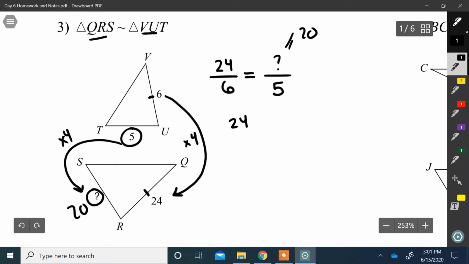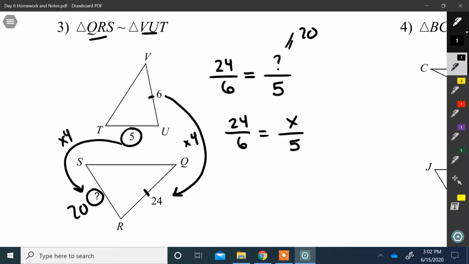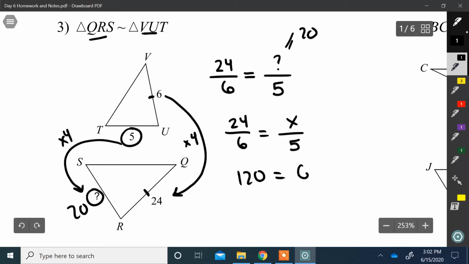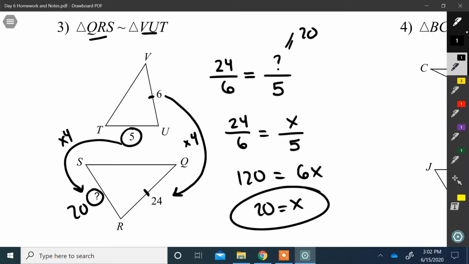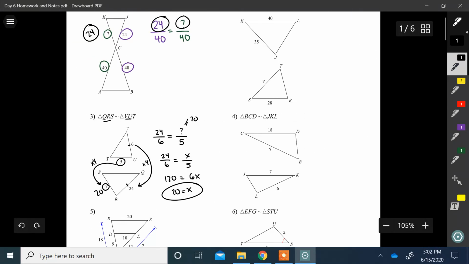Now, you could also play this game where you solve it like this. 5 times 24, you cross multiply, you get 120, and then you do 6x, and then you divide by 6, and then you get x is equal to 20. You can do that as well, or you can just use the logic that I used right there.